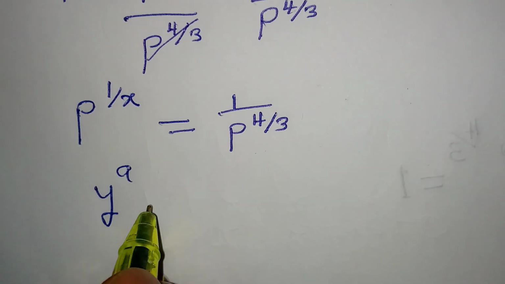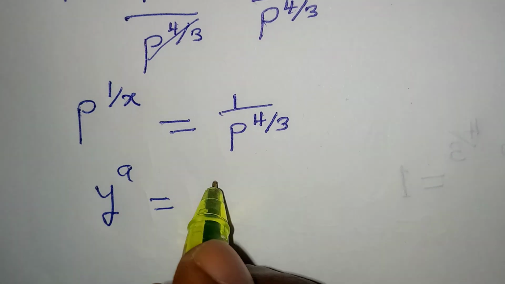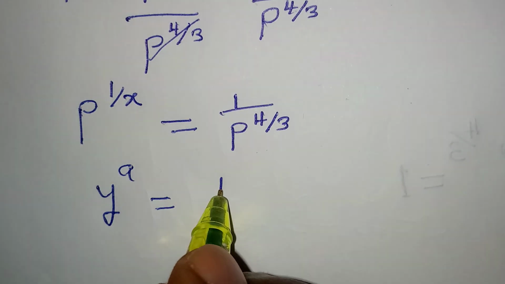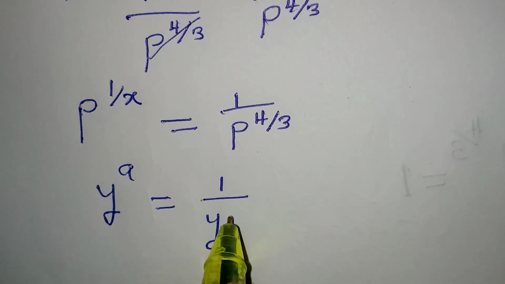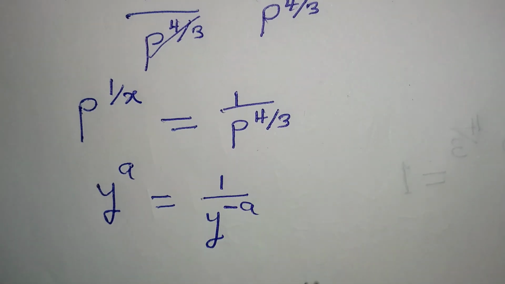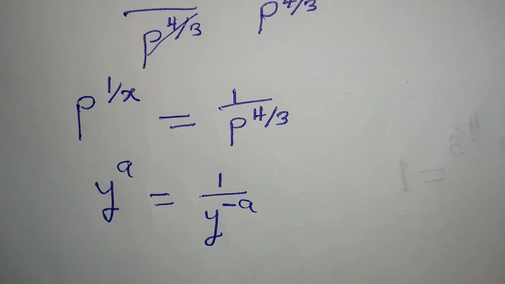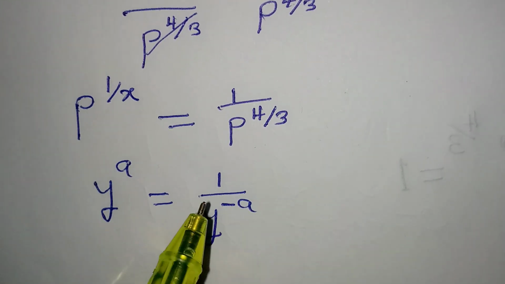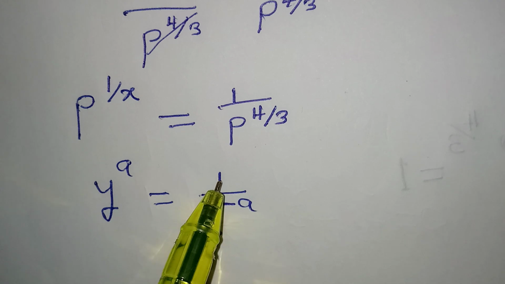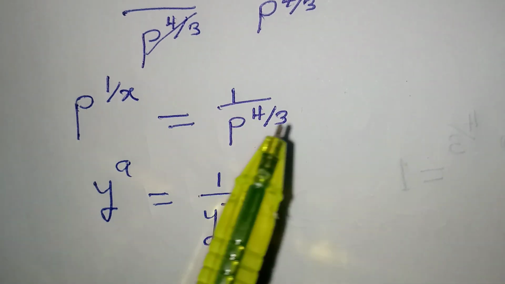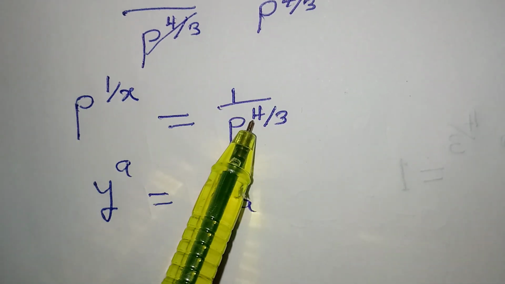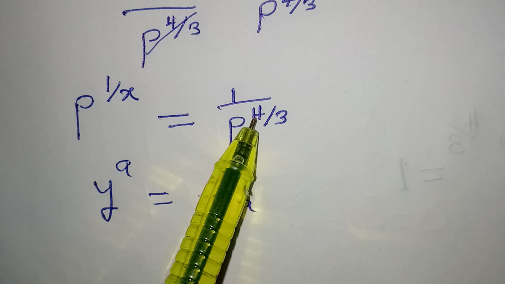Now this is the same thing as 1 over y to the power of negative a. So if I have to remove this from here, I will change the sign of this.